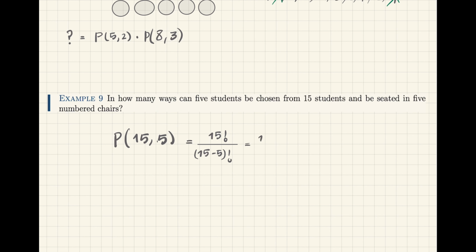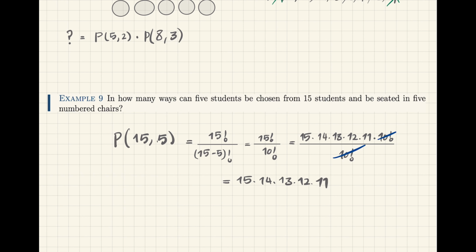But this becomes 15 factorial divided by 10 factorial. And then in the numerator you can write 15 multiplied by 14 multiplied by 13, 12 and 11 and finally 10 factorial, and then divided by 10 factorial. And then you see that this 10 factorial cancels, and what you get is exactly the answer that you get for the other problem.